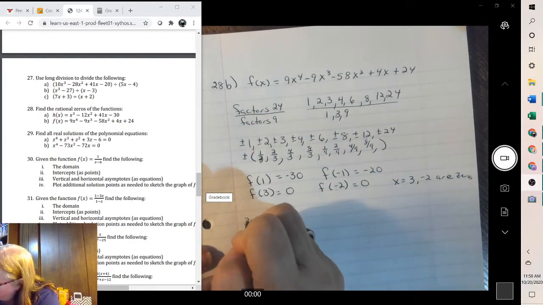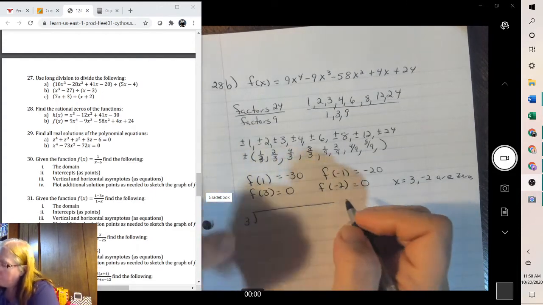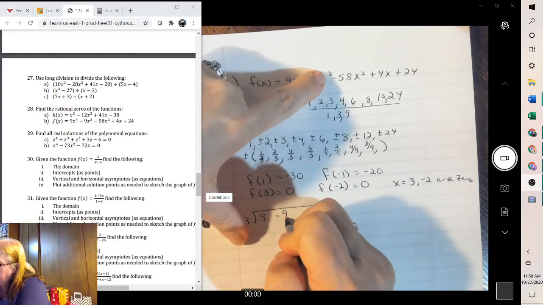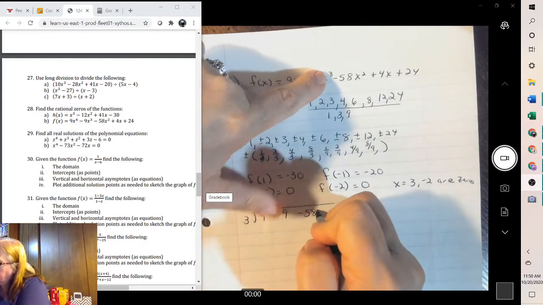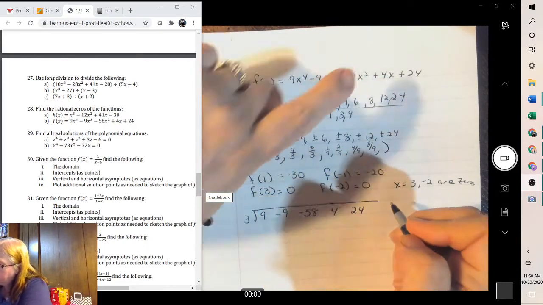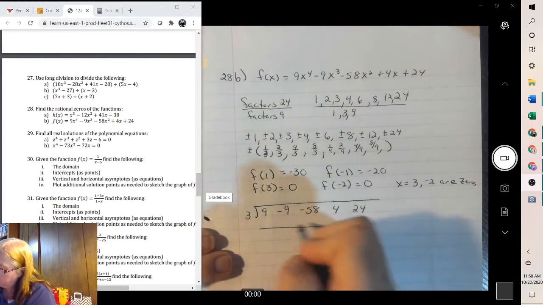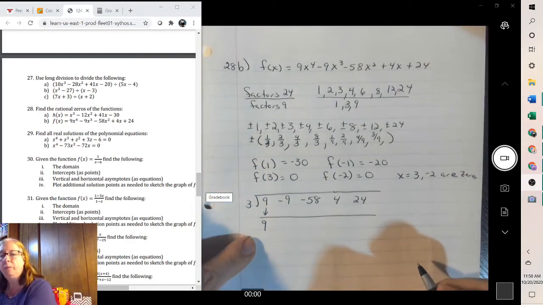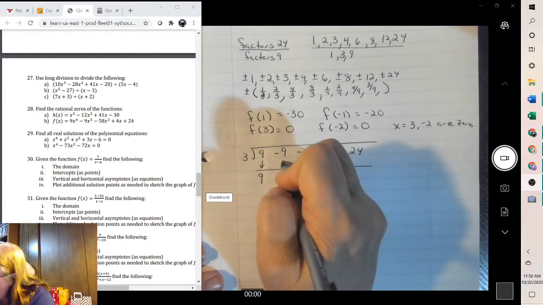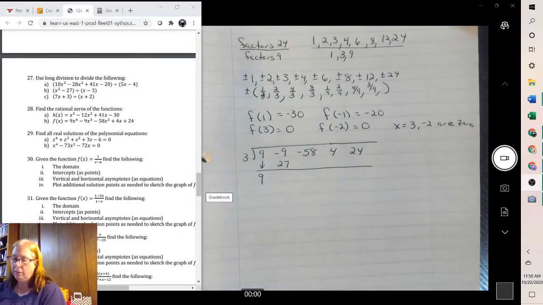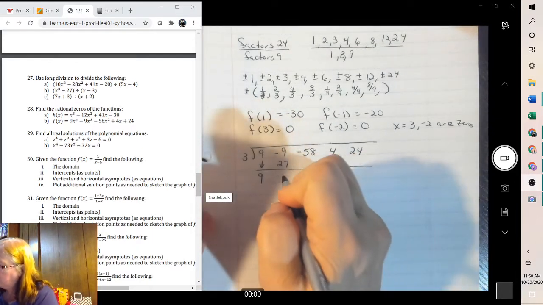So I can divide by my 3. We have 9, negative 9, negative 58, 4, and 24. Bring down the 9. 3 times 9 is 27, and then 27 minus 9 is 18.